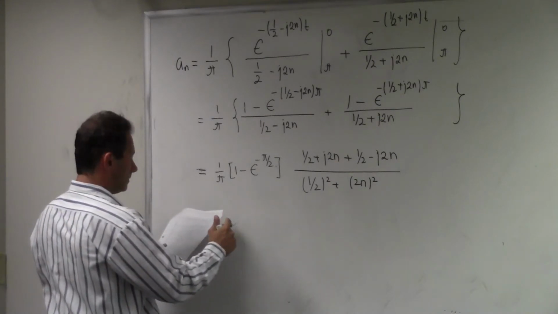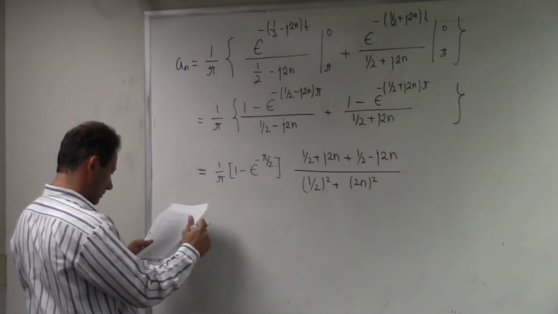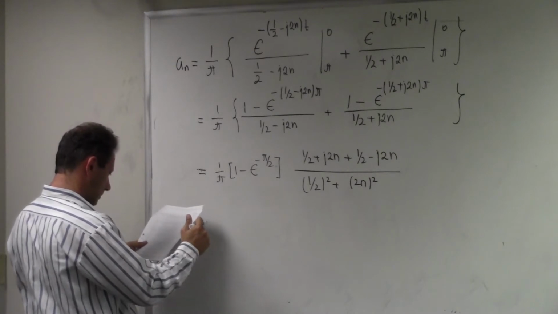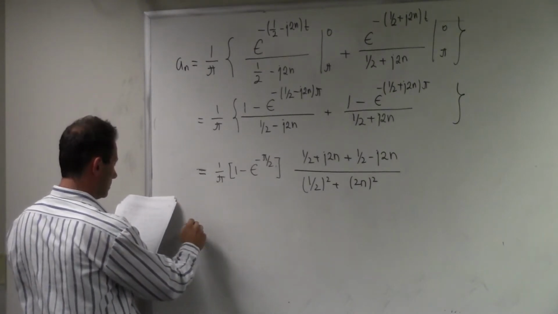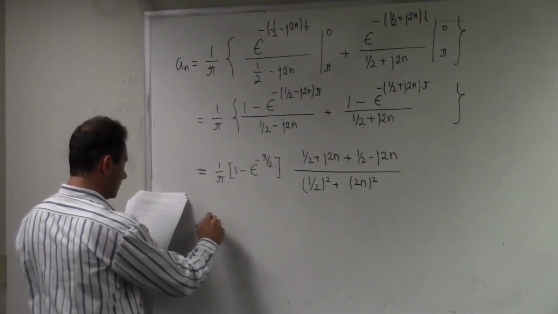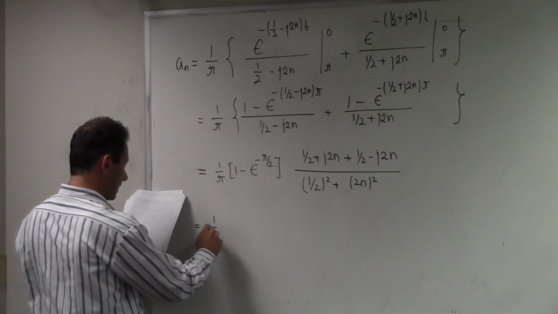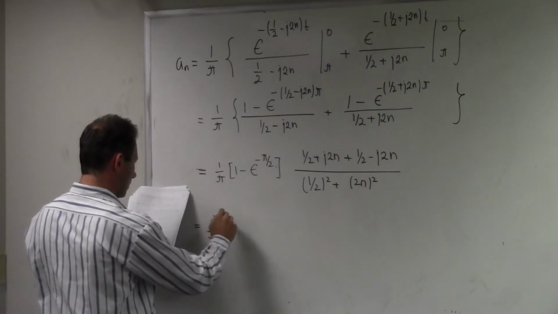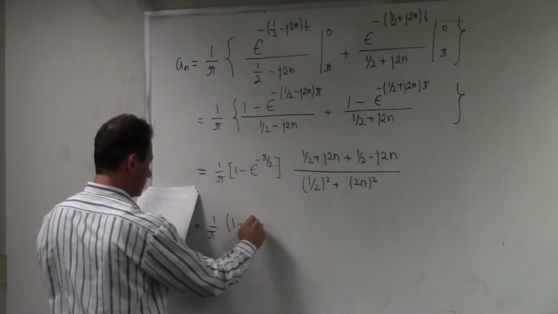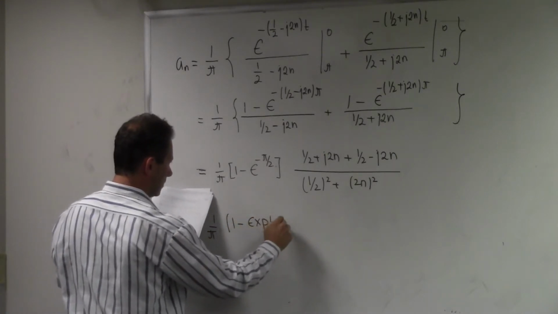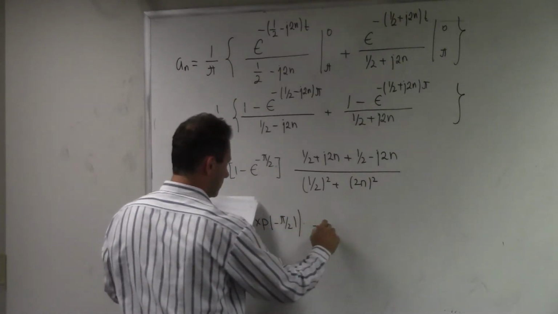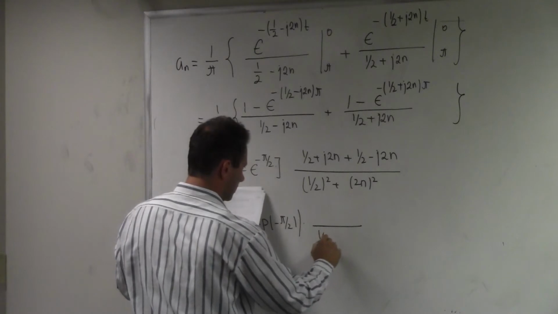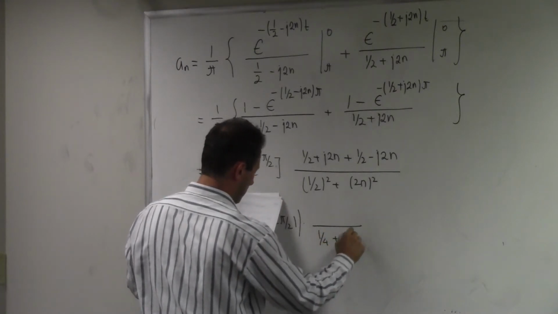So when I did this, let me see here. I ended up with 1 over pi, 1 minus e to the minus pi over 2, and then I have here 1/4 plus 4n squared.